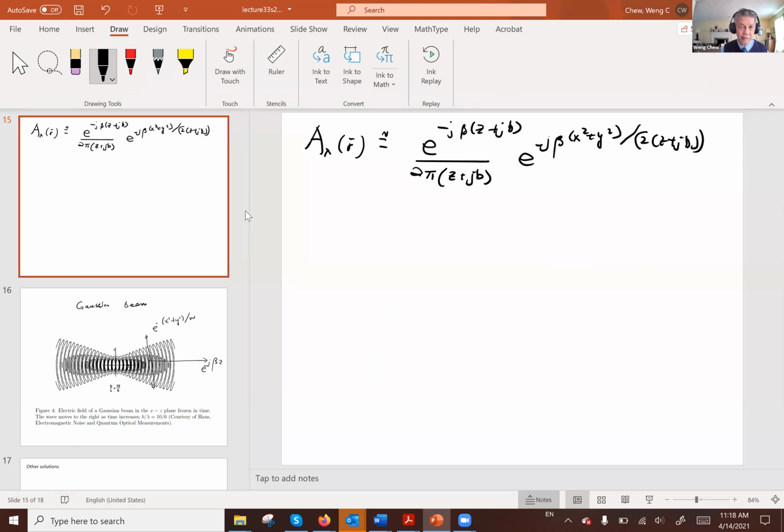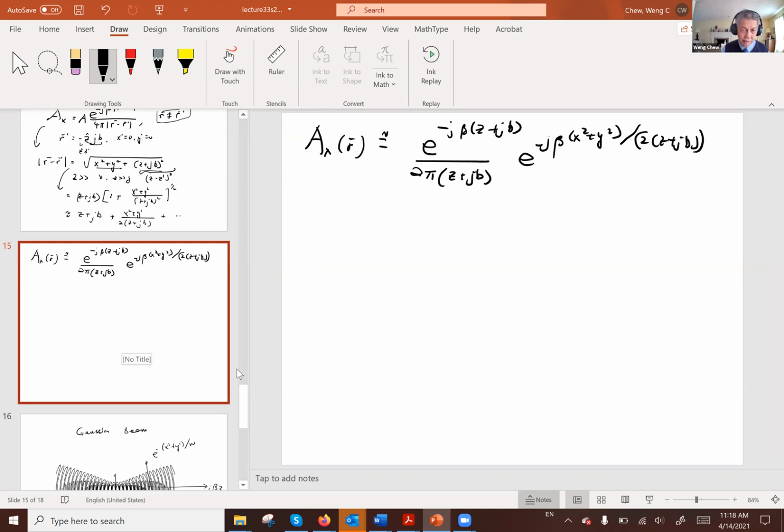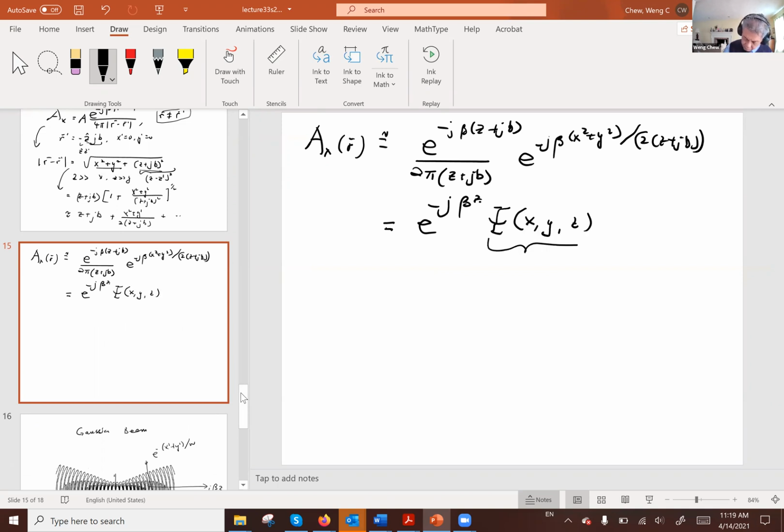Okay, so this is after you have back substituted this expression into that original expression, you get something like this, and then you will show that this is equal to e to the minus j beta z finally times a slowly varying term. You can actually eyeball the slowly varying term from the above, and you'll find that it behaves like a Gaussian beam.